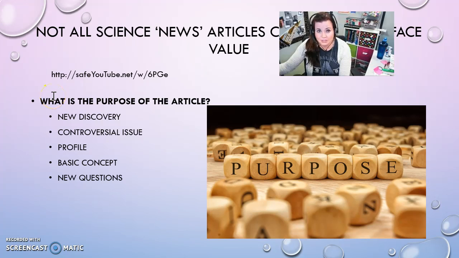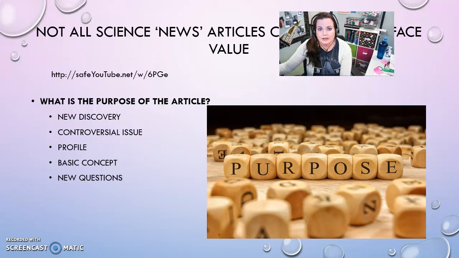Is this a controversial issue that is a debate? Is it a profile of a scientist or a scientific group? Are they trying to explain a basic concept, or are they presenting new questions that the research has brought forth? Or are they discussing possible solutions to a problem?